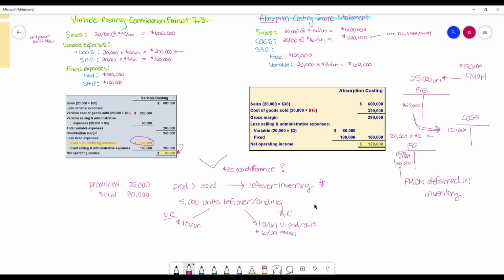So that other $30,000 of fixed overhead cost from this year will be deferred to a later period. And when will that $30,000 eventually flow through to cost of goods sold? When those 5,000 units left over are eventually sold.